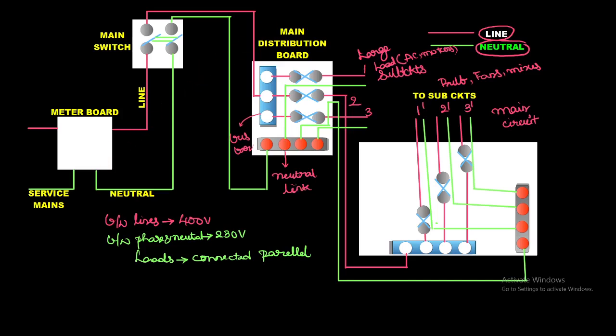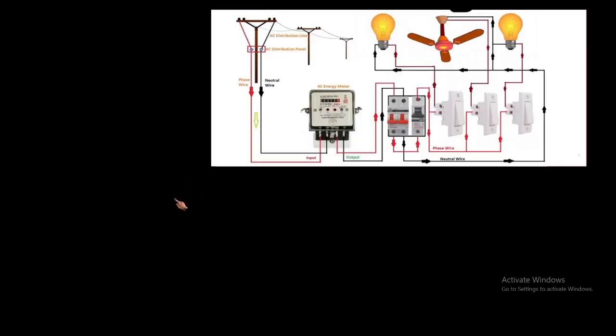Next, see this diagram, which I have shown clearly here. You can observe that from the poles we are giving supply to the energy meter. From the energy meter, here is the input for the energy meter, then the output is connected to the main circuit, where one MCB will be there, and this is for sub circuits.